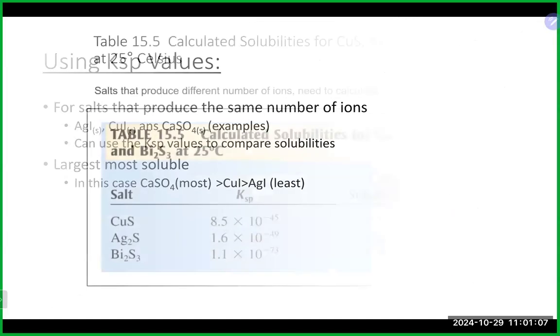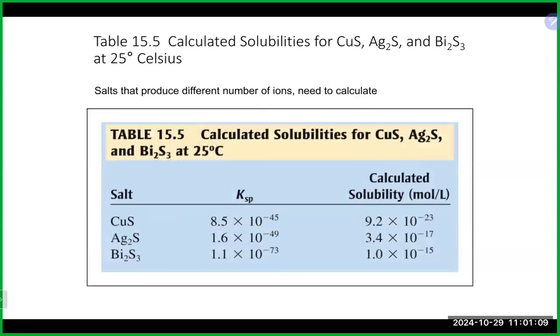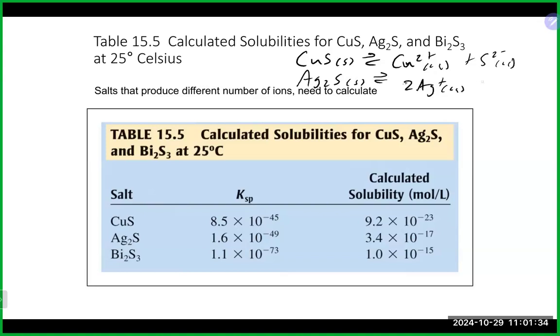So to demonstrate that, if we look up in a table the KSP values for each of these 3 things: copper 2 sulfide, which when it breaks apart, you're going to get a copper 2 ion and a sulfide ion. Our silver sulfide, which also when it breaks apart, you will get 2 silver ions and a sulfide ion.